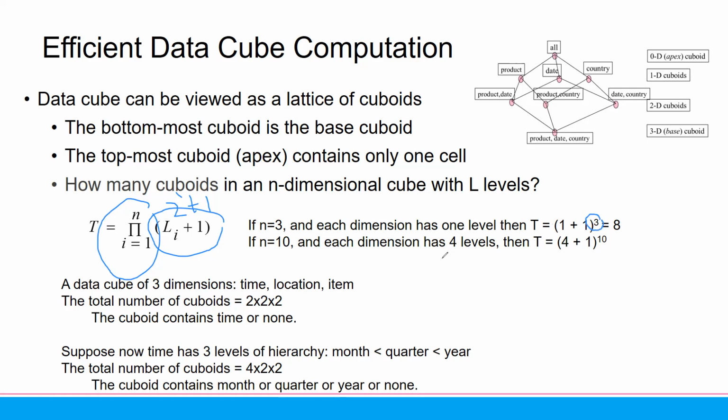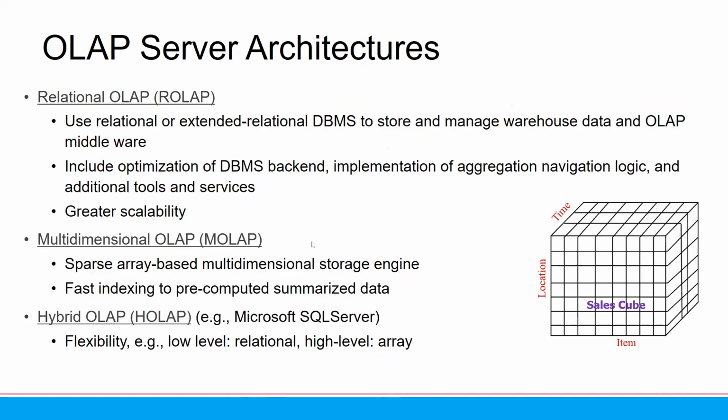If it is 4 levels, it means 4 plus 1 to the power of 10, where n is 10. If it is only 2, maybe we can just shorten it.